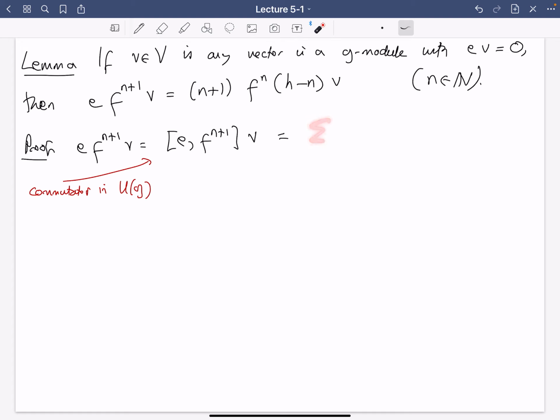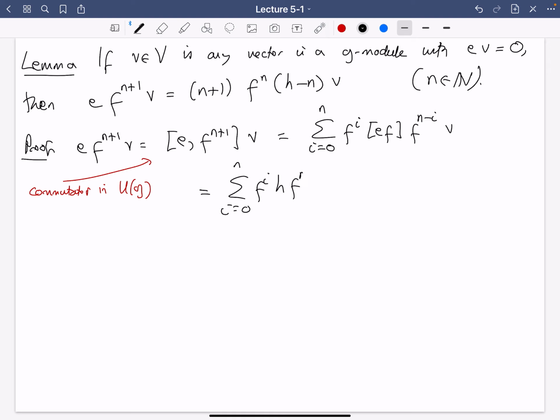We have to differentiate each of the f's, so it's the sum from 0 to n, f to the i, E f, f to the n minus i, v. EF is H, and now I'm just going to use that HF is FH minus 2 in the universal enveloping algebra.